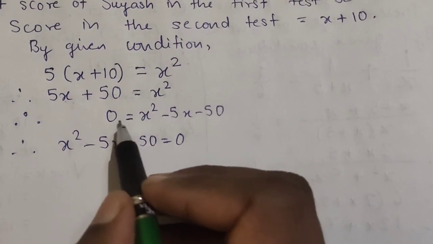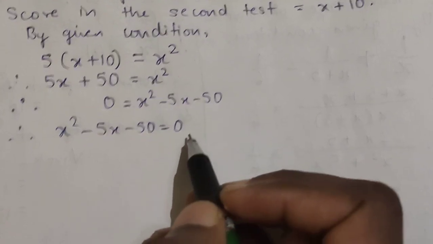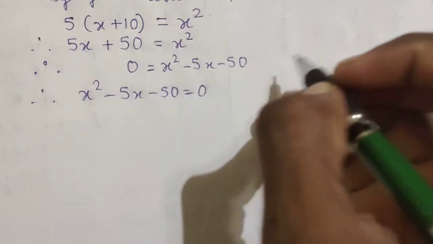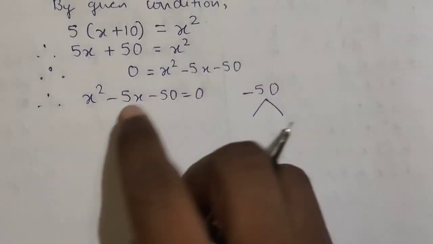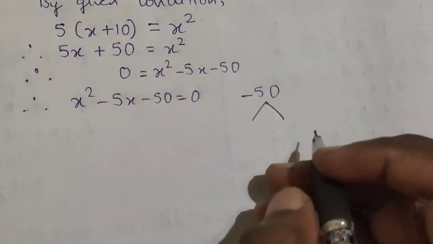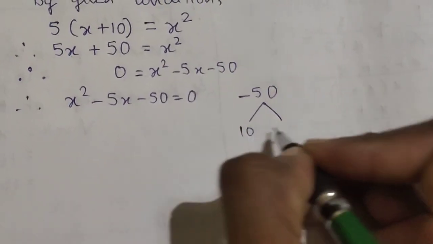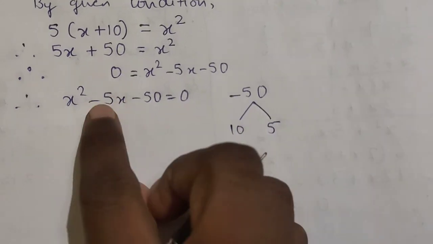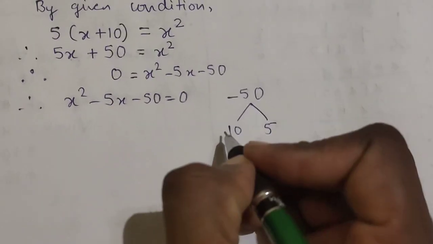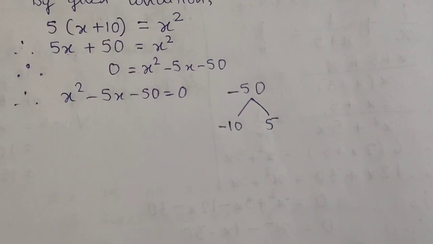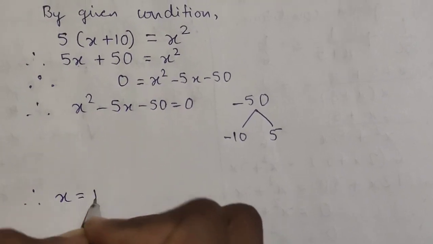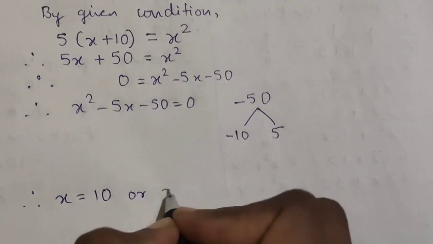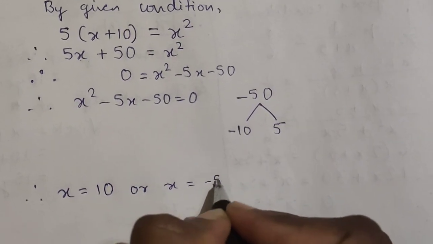Then in the next step we have taken equal to 0 at the right hand side. Now you need to make two parts of minus 50 to get what? Minus 5. So this is very simple. 10 and 5, 10 minus 5 gives you 5, and you need minus 5, so here you will take negative. After solving you are going to get x is equal to 10 or x is equal to minus 5.